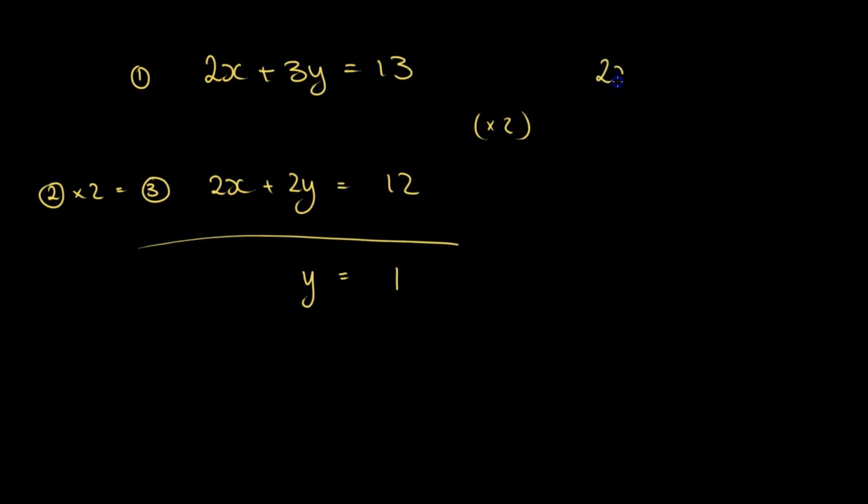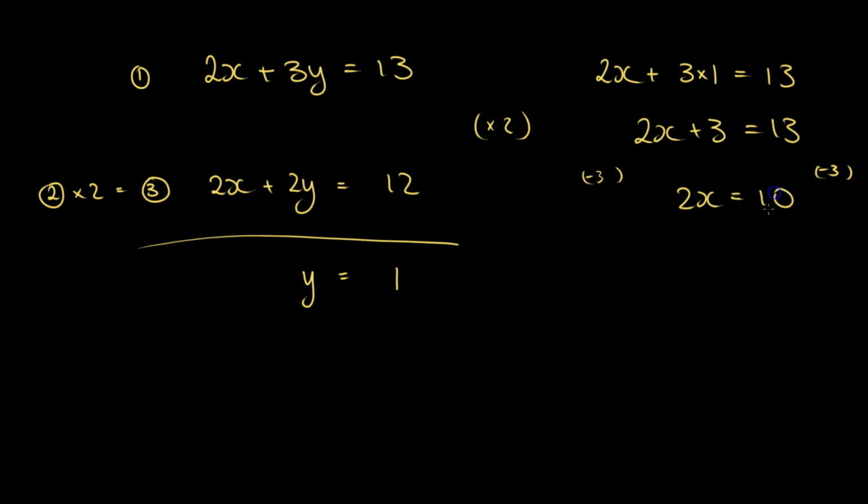So 2x plus 3 times 1 is equal to 13. So that is 2x plus 3 equals 13. Subtract 3 from both sides. That gets me 2x equals 10. Then I can divide both sides by 2.